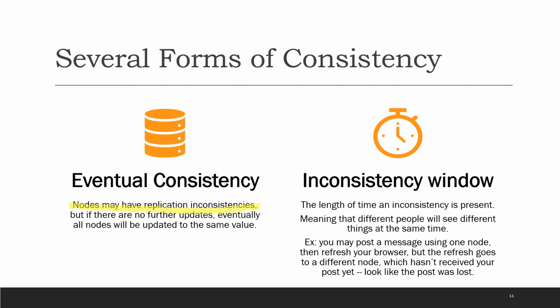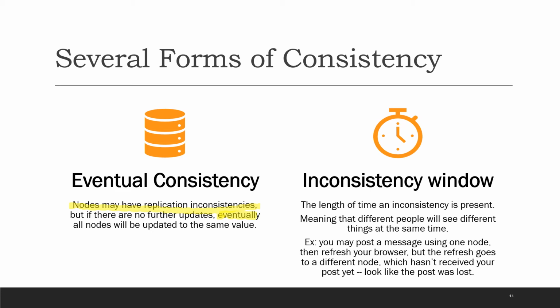But the concept of eventual consistency says that if there are no further updates taking place, right? Nobody is updating the database after the last update. Then eventually all nodes will be updated to the same value. It is just a matter of time. That is what is called eventual consistency.